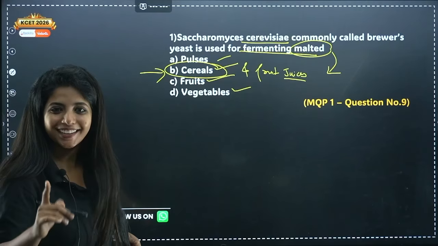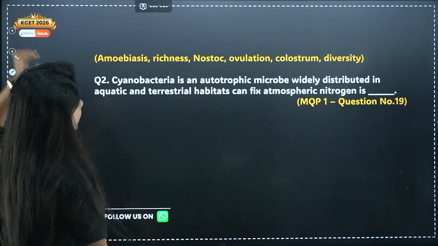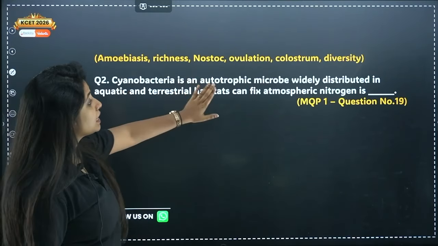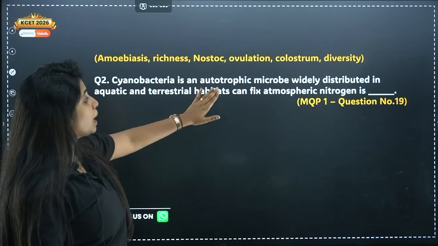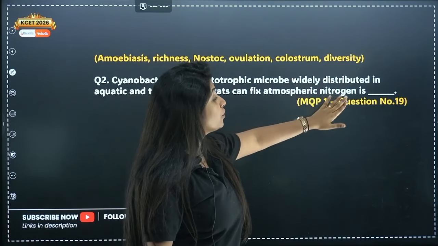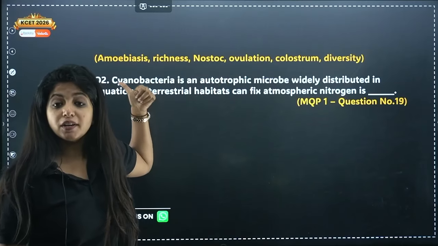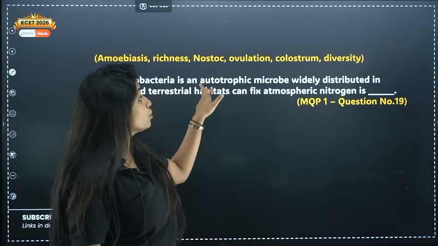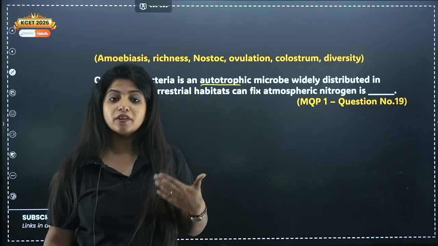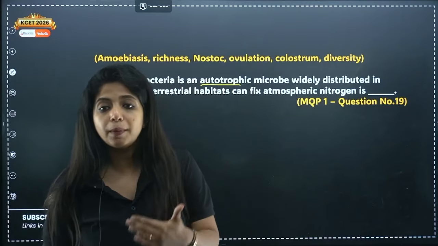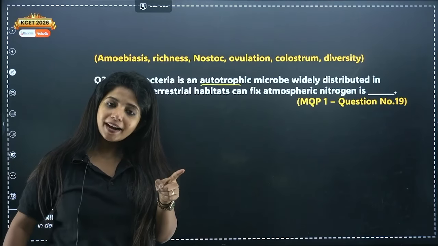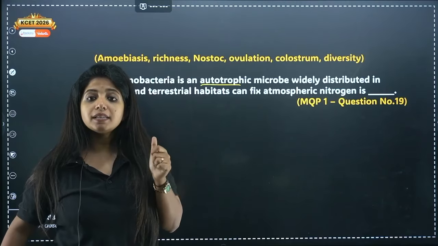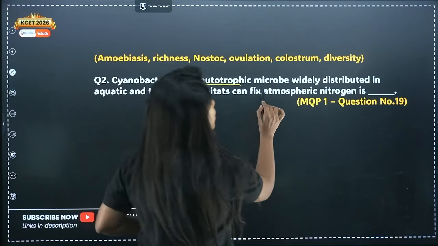Always remember that. Okay? So the next question: cyanobacteria is an autotrophic microbe widely distributed in aquatic and terrestrial habitats, can fix atmospheric nitrogen. So you're talking about a cyanobacterium which shows autotrophic mode of nutrition, as in it can prepare its own food. Basically it can fix atmospheric nitrogen.